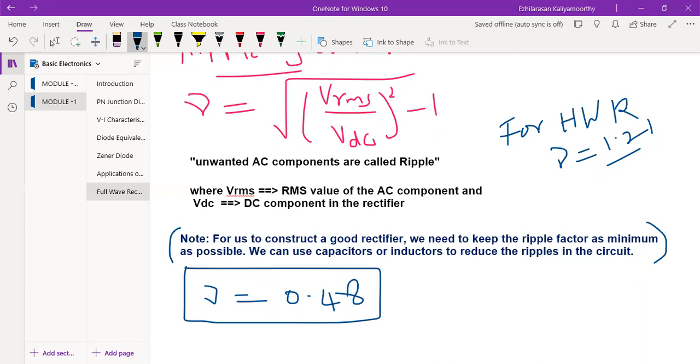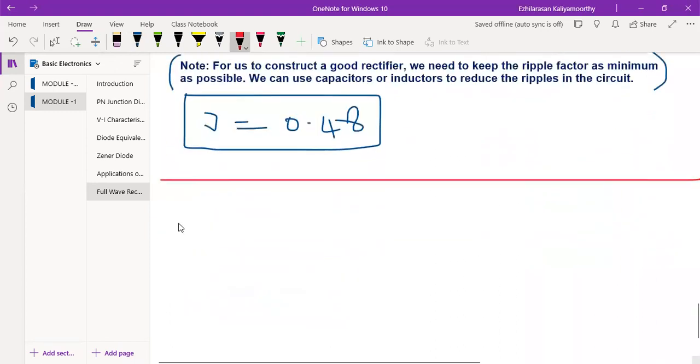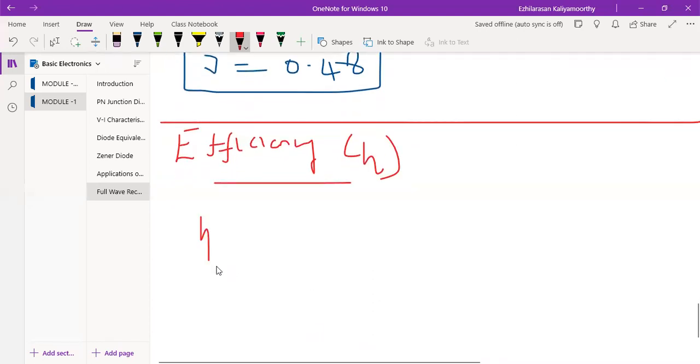Next is rectifier efficiency, which I can call eta. Efficiency is very simple: eta is equal to PDC by PAC. This is the formula, which we already know and have seen in the half wave rectifier.